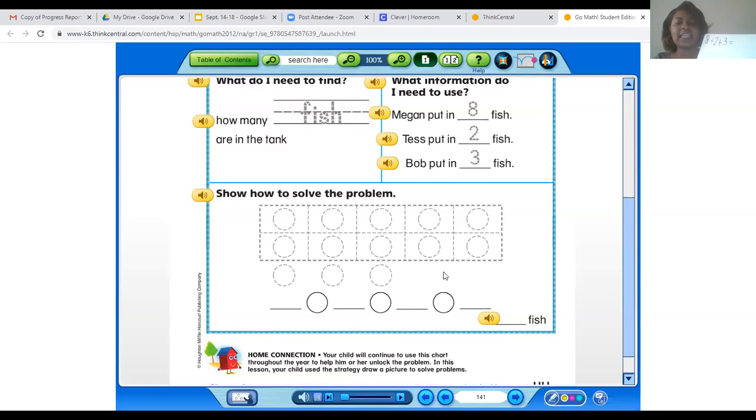So that's 10, 11, 12, 13. So 8 plus 2 plus 3 is equal to 13. So my sum, or my answer, is 13. So this time we've added 3 numbers.